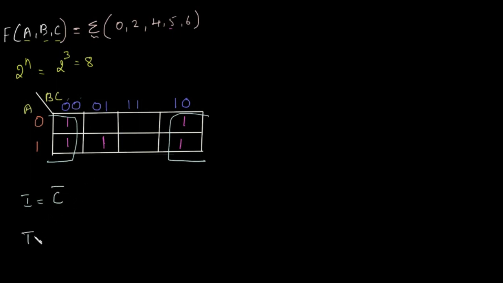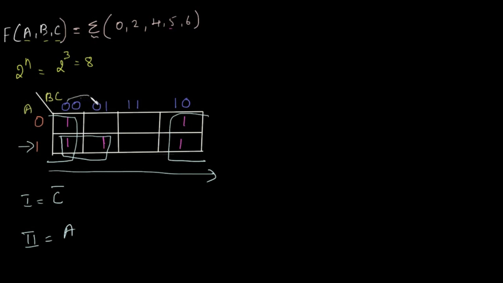And we can go for the next group, group 2. We can see here, this is group 2, right? In this group 2, the value of A is 1 throughout this row, so we can simply put A. Now compare BC of the first cell with BC of the second cell.